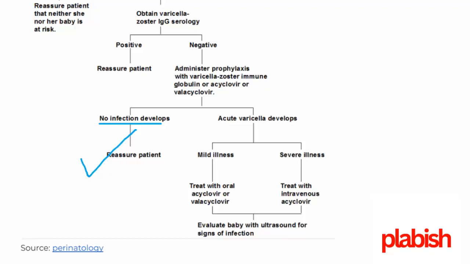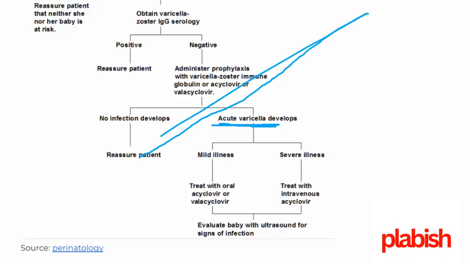And for example, despite administering this immunoglobulin, the patient has developed acute varicella. She has presented with the signs and symptoms of chickenpox, with rash, with high grade temperature, with a sense of being unwell, being sick, decreased appetite, and we are suspecting acute varicella on clinical grounds. There might also be a case where the lady is pregnant and presents with rash.